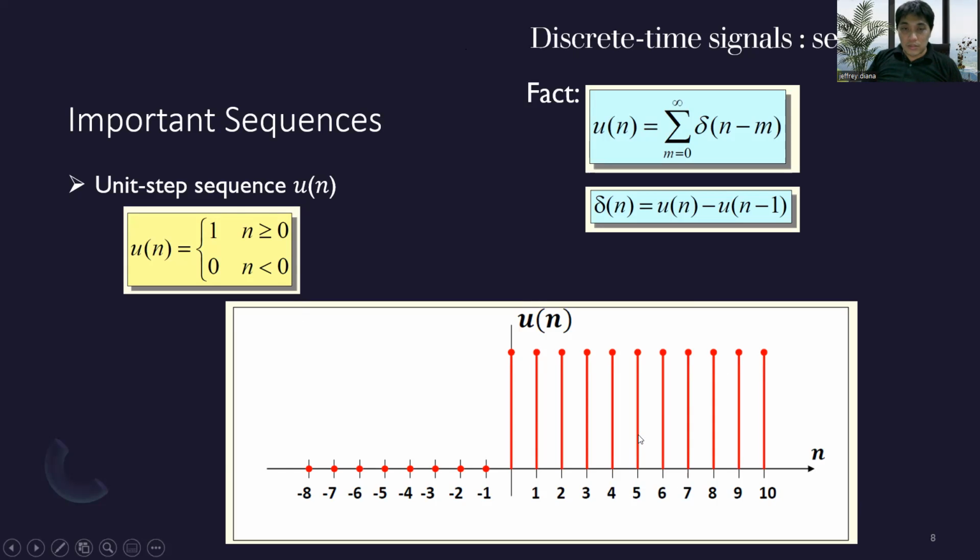For this example, we have u[n]. For the x coordinates, it's -8, -7 to -1, and for the positive side, it's 1, 2, 3 to 10, and so on. This is infinite.